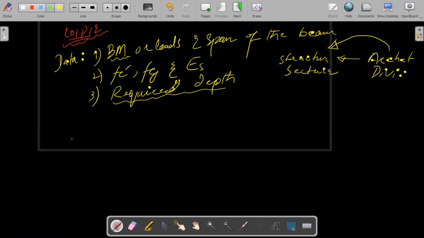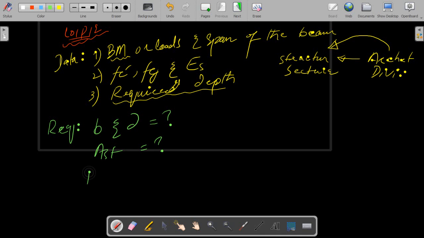The second step is what we have to determine. We need the dimensions of the section, which we will find out. We will find out B and D of the section, and As, that is area of steel. We will calculate this.